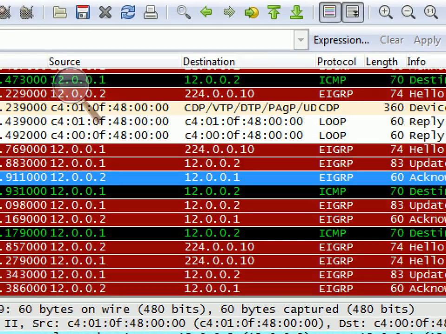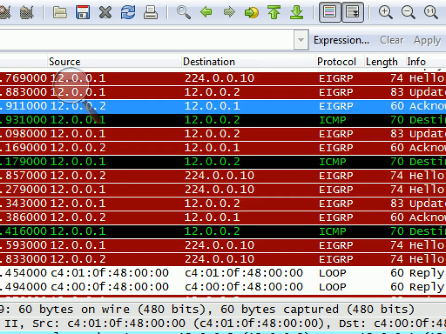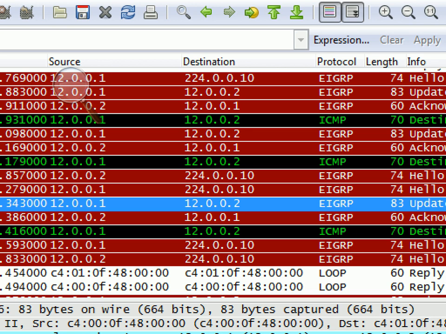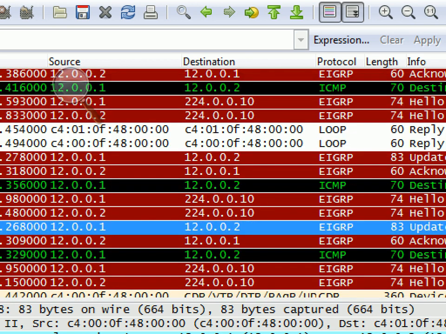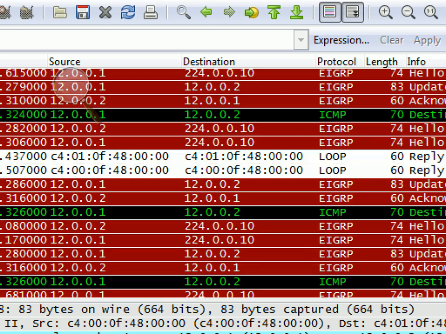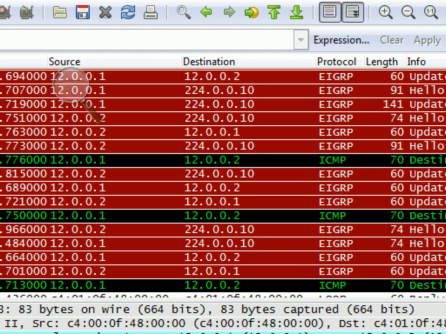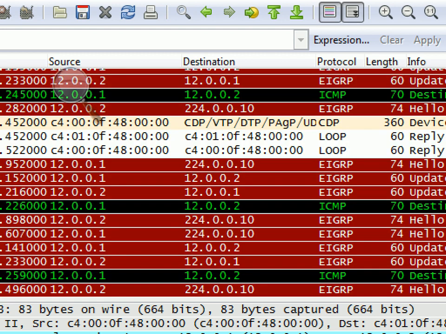But R1 is not able to receive the update. This thing is fine. You can see here, the update is always sent unicast. You can see here, never again multicast. Again unicast. And routers will keep on exchanging the update.